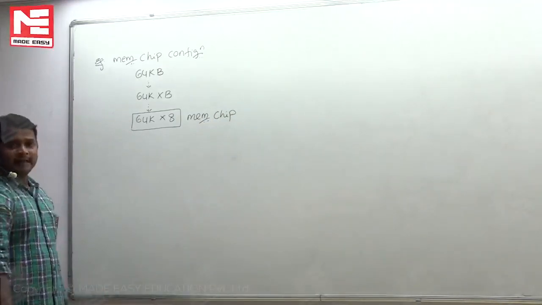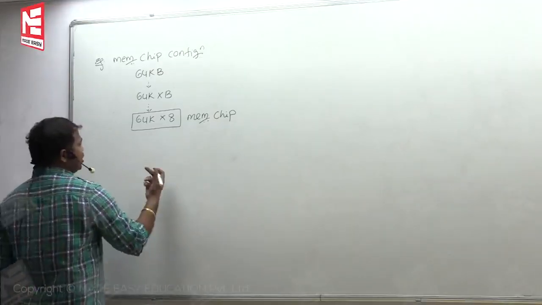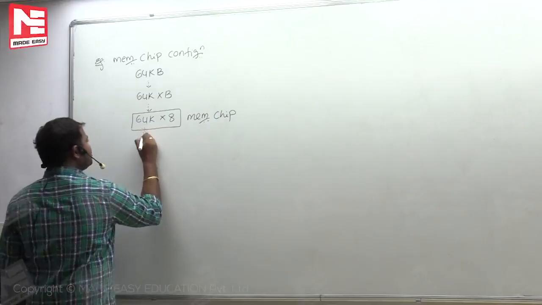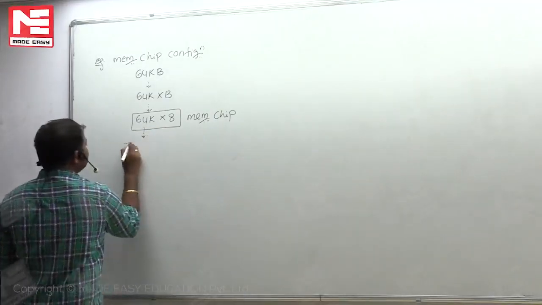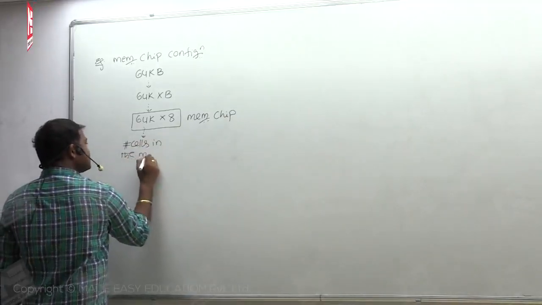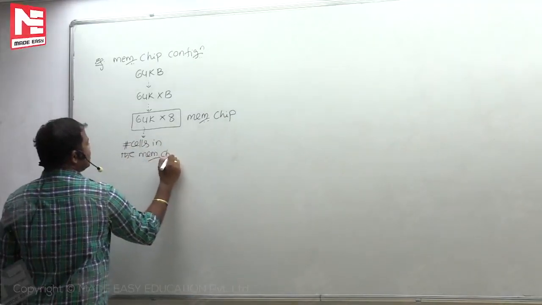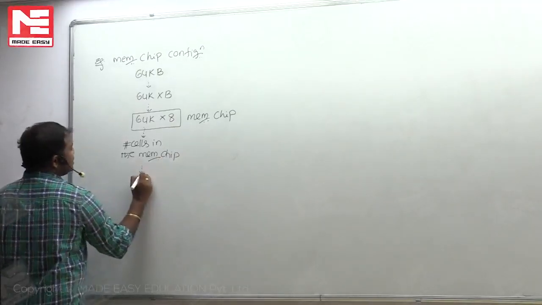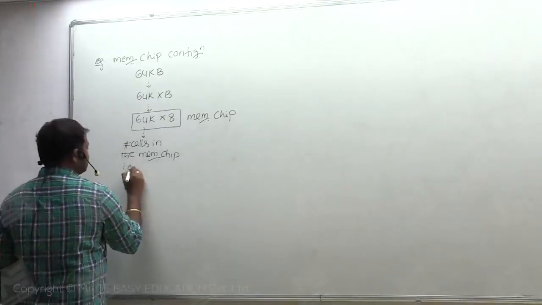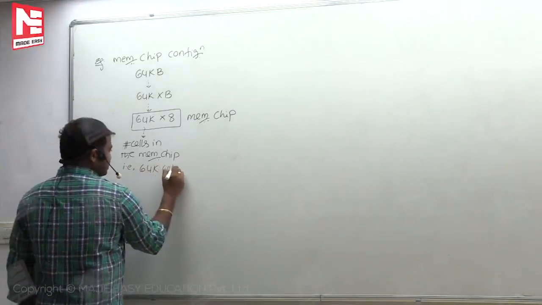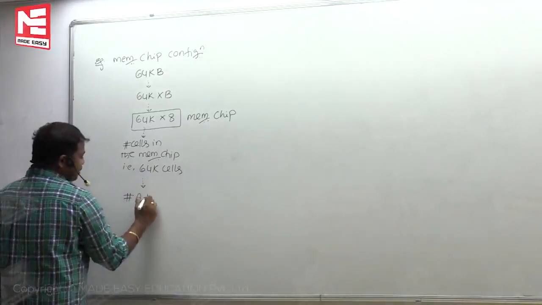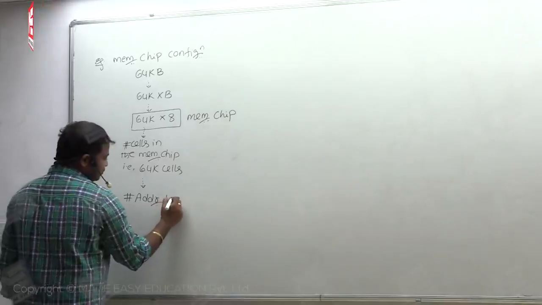A 64 KB RAM memory chip is internally viewed like this: 64K by 8. The first parameter in the memory chip indicates the number of cells. Total cells in the memory chip is 64 kilo cells.